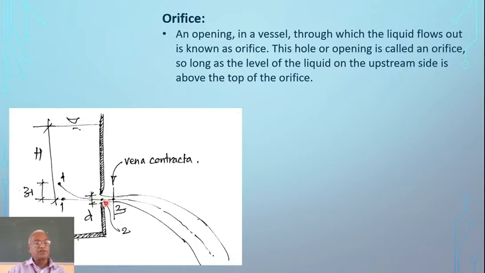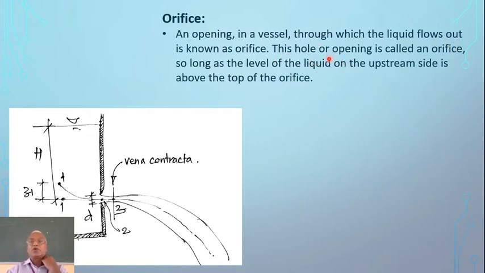The water is going out in the form of a jet, with a specific shape, slightly exaggerated in its view, right? So water goes through this opening and then goes out as a jet. This opening is known as an orifice.